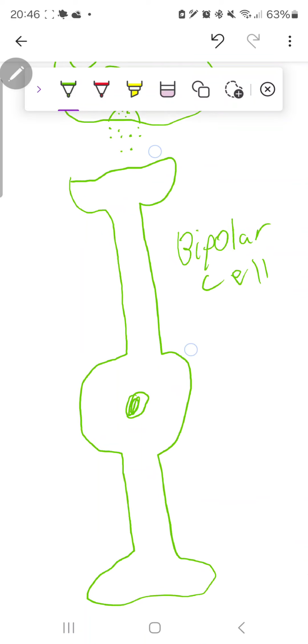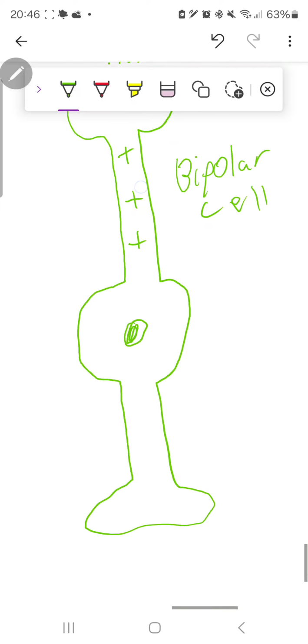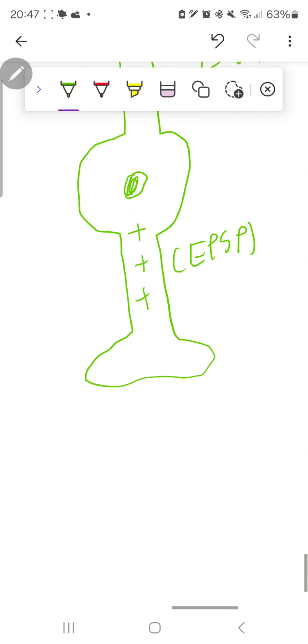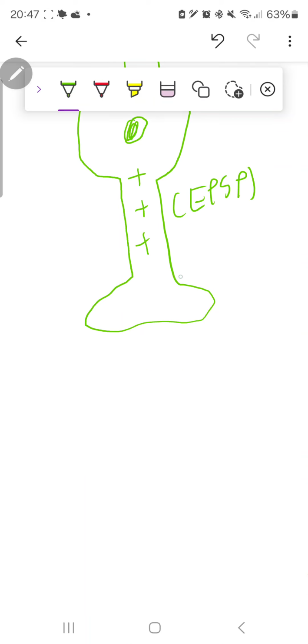So when it becomes stimulated, it will become depolarized, and this positive signal will go through the cell as an excitatory postsynaptic potential, and that will trigger the opening of calcium channels at the nerve terminal.